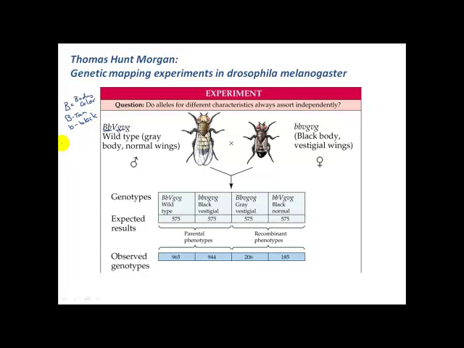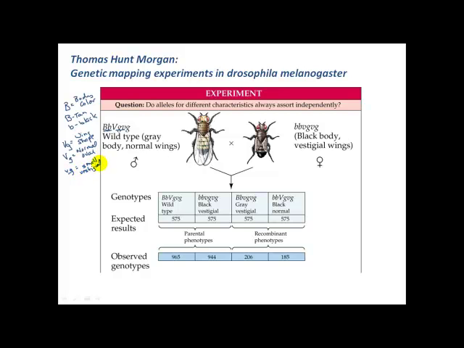And then the second gene that we're looking at here is the VG gene, which is associated with wing shape. And so the dominant allele, capital VG, is normal, oval, wing shape, and the lowercase vg gene, recessive allele, is vestigial, so very small vestigial wings that don't function for flight.